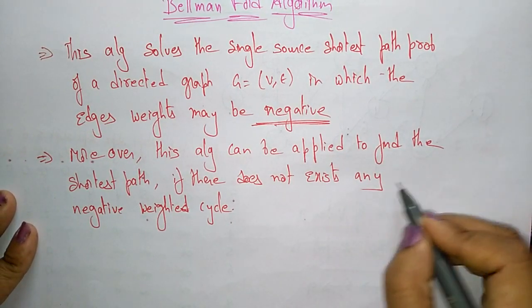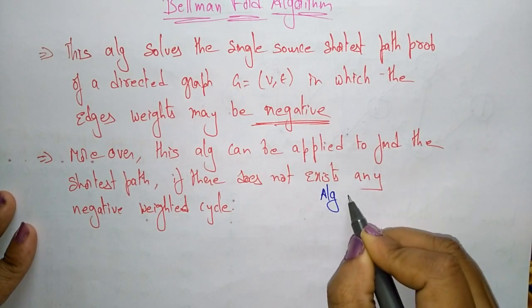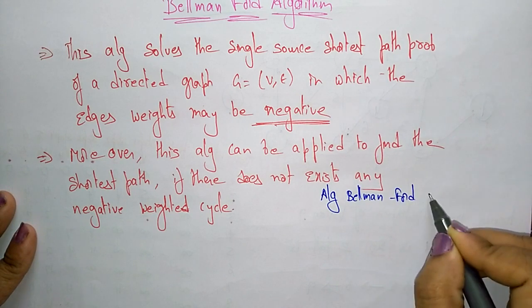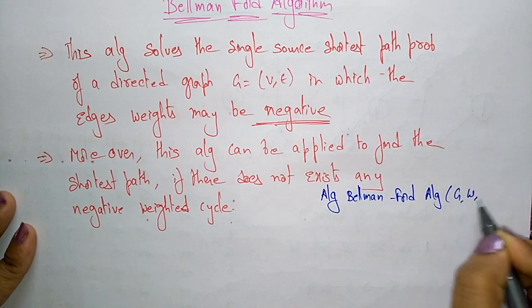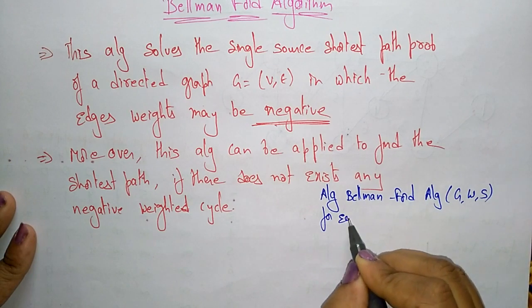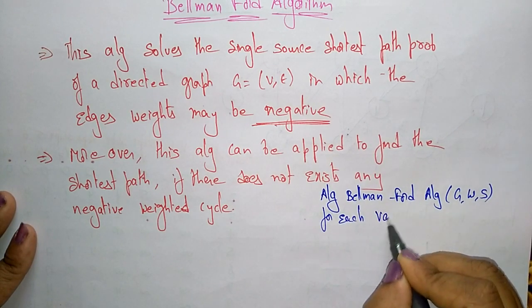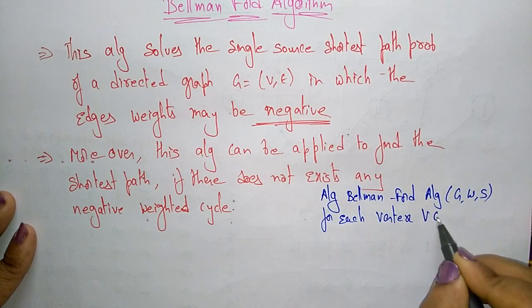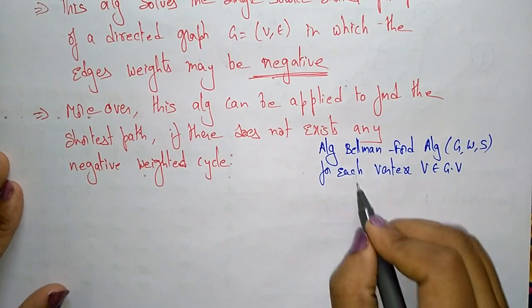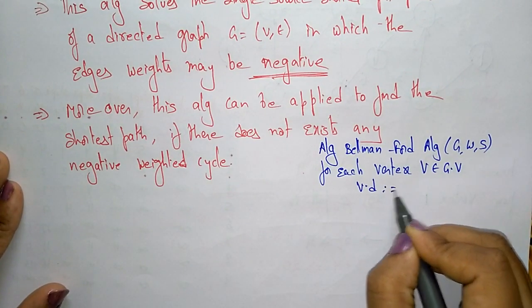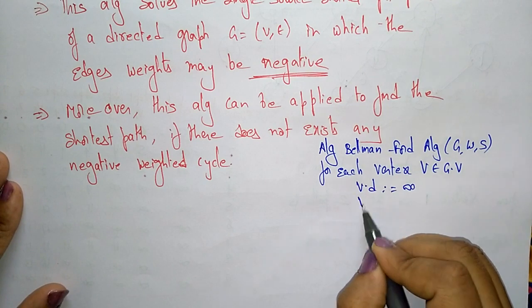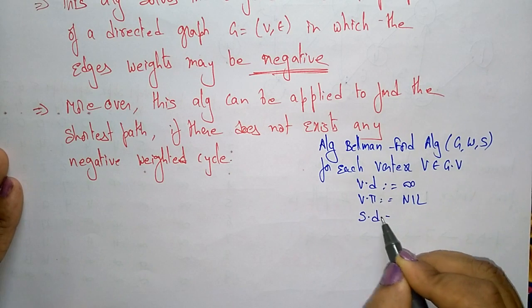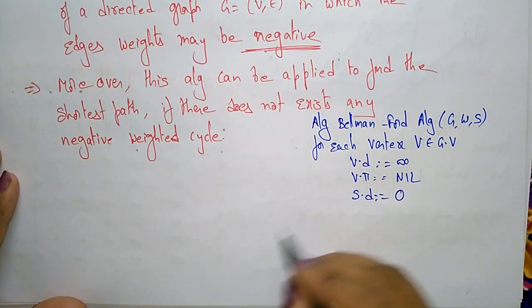Here I am writing the Bellman-Ford algorithm (G, W, S). Just like Dijkstra, S is the starting vertex, G is the graph, and W is the weight. For each V belonging to G.V, set V.D, the distance, to infinity, and V.pi, the predecessor, to nil, and S.D should be 0, starting with 0.